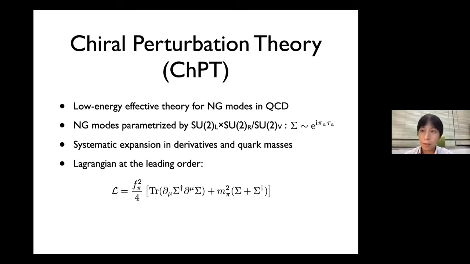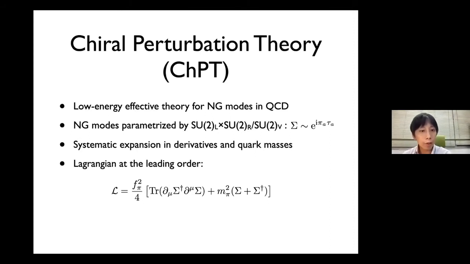Then we can systematically write down the most generic low energy effective theory of QCD for pions in the expansion of derivatives and quark masses, and also external fields if there are any. So this is a model independent framework. This theoretical approach is only based on the symmetry of the system.